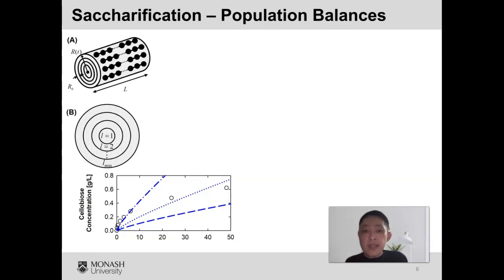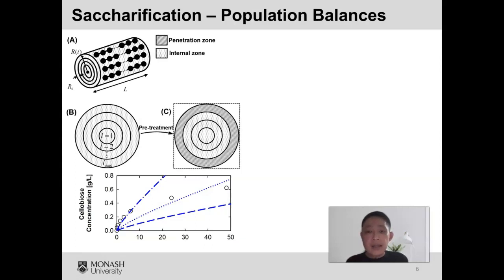In the experimental data of enzymatic hydrolysis, we would often see a rapid phase of hydrolysis at the beginning, followed by a slow phase of hydrolysis. So what we have done differently is that we hypothesize that because of the pre-treatment on the cellulose particle, the cellulose polymers on the surface of the particle would frequently already be destroyed, right?